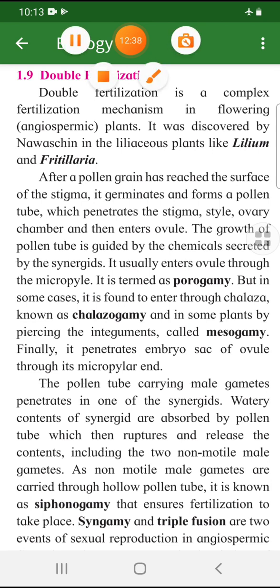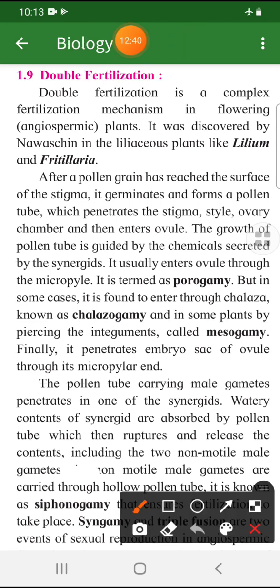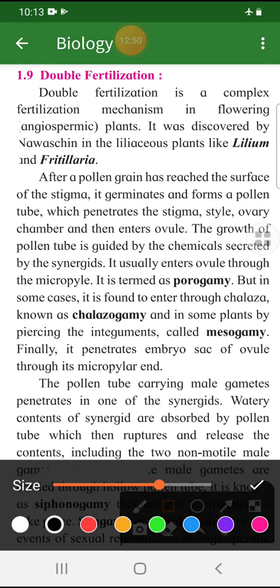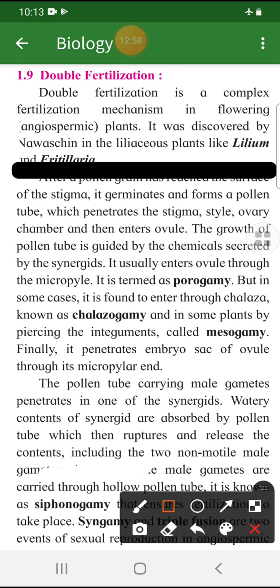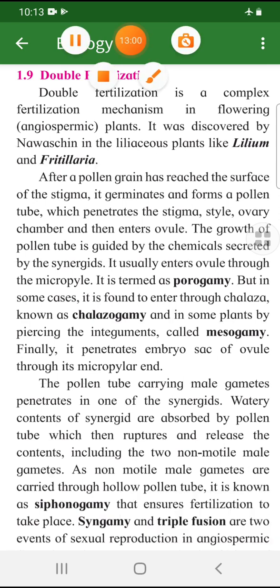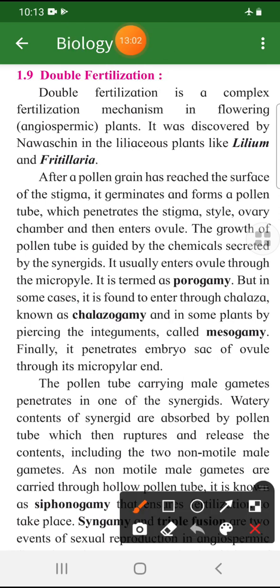Let's underline the main points here. Who discovered double fertilization? It was discovered by Nawaschin, in Lilium and Fritillaria. Then when does fertilization start?